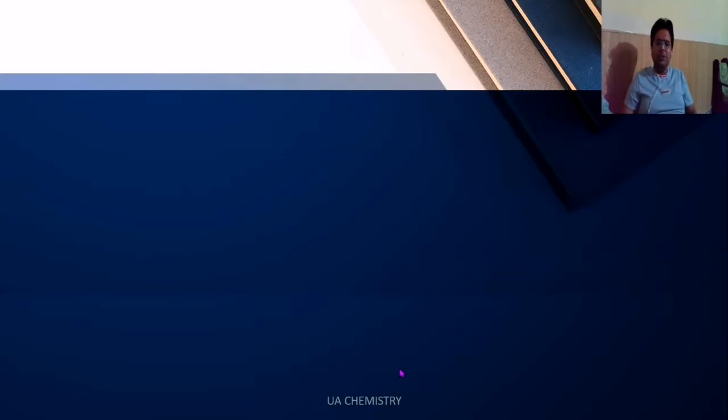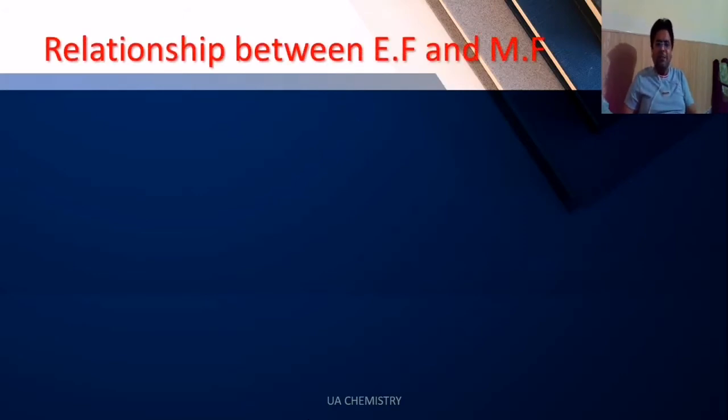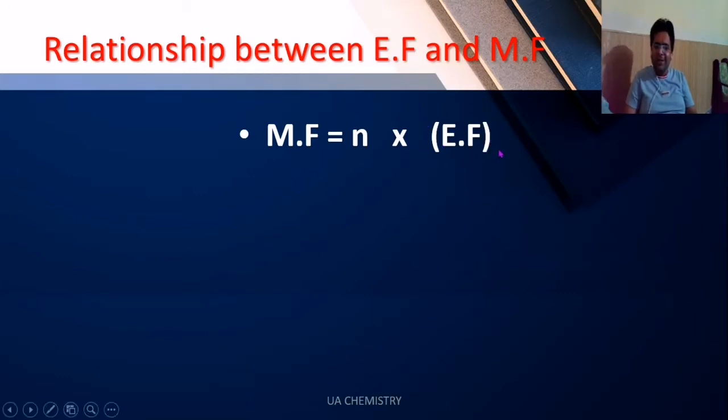Dear students, we can calculate the empirical formula by combustion analysis. This will be studied after this lecture, but the molecular formula is calculated from the empirical formula. How? We will see the relationship between empirical and molecular formula. The molecular formula is calculated from the empirical formula by this equation: n multiplied by the empirical formula. n is an integer.